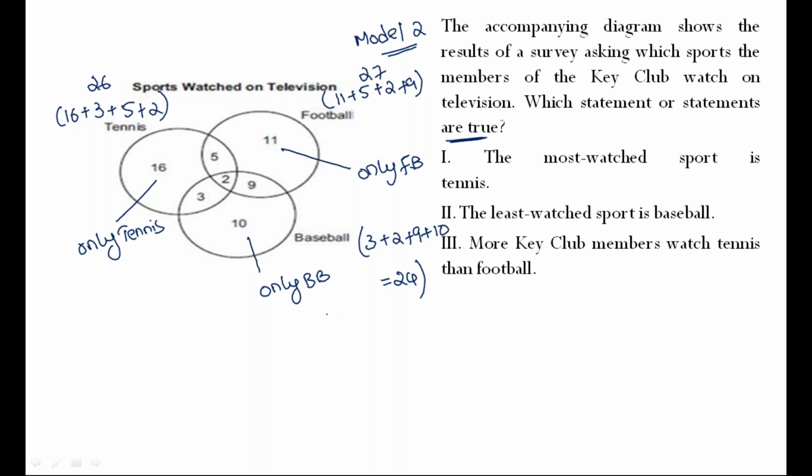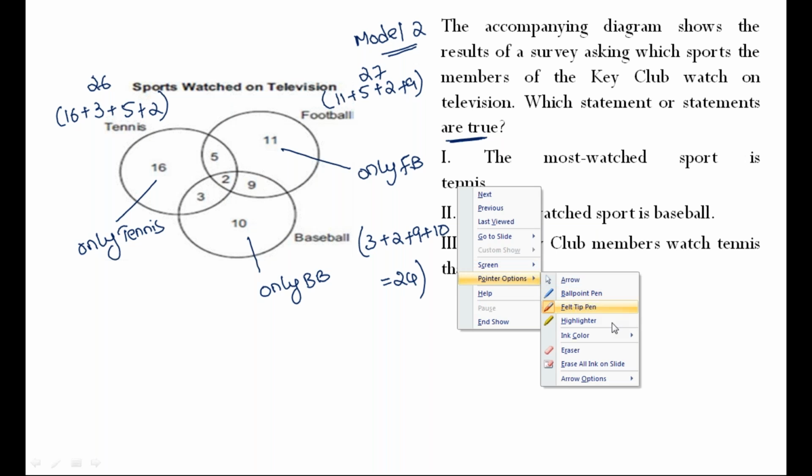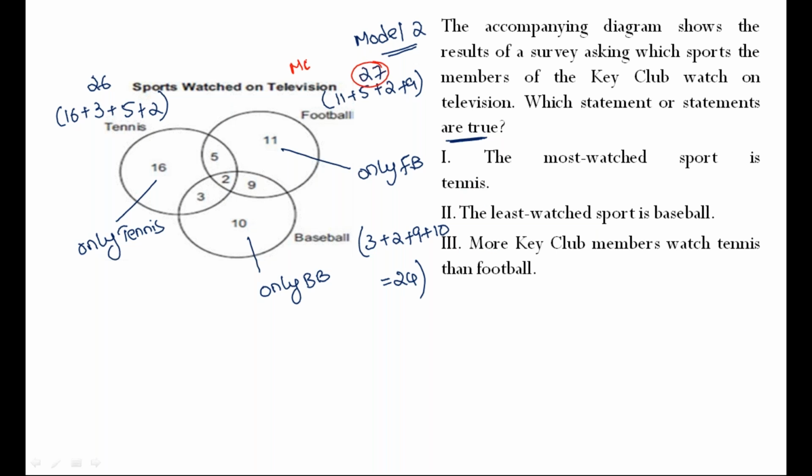Now let me know which is the most watched sport. Is it tennis? No, it's football. Football is the most watched because 27 people are there. What is least watched is baseball. So the second statement is correct. The first one is wrong.